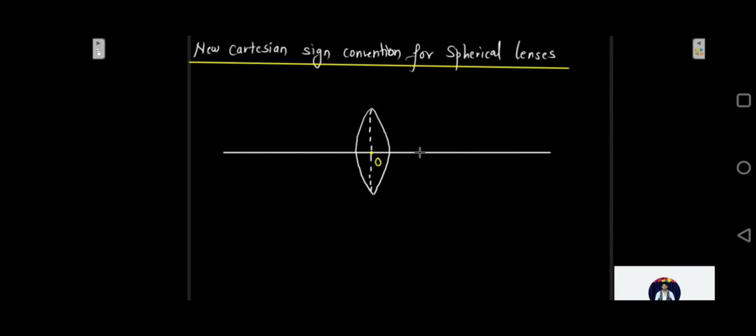The second sign convention is that the distances measured in the same direction of incident light are taken as positive. So obviously the object will be kept on this side, so incident rays will be coming in this direction from left to right. So all the distances in this direction will be taken as positive.